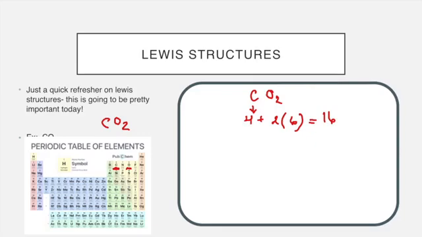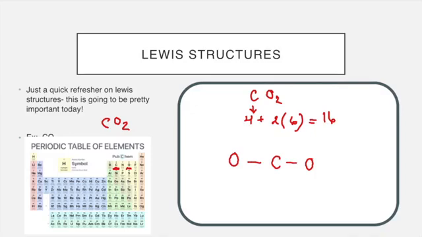Now, to figure out what goes in the middle, you're always going to put the most electronegative element on the outside. Because oxygen is more electronegative than carbon, oxygen will go on the outside, just like that. Connect them first. 2, 4. So I've used up 4 of my electrons out of my 16.